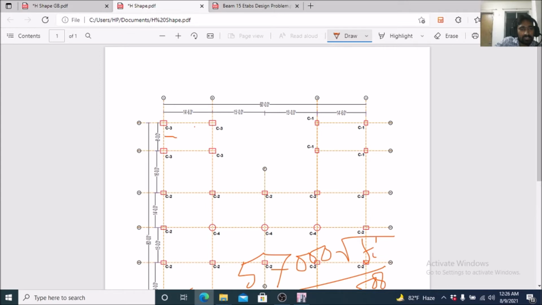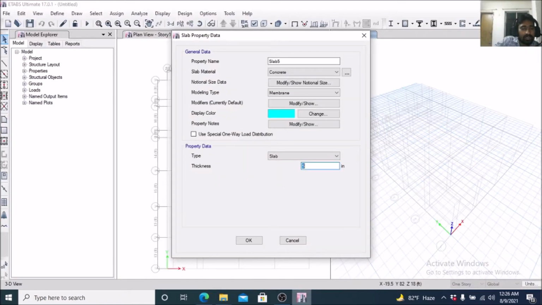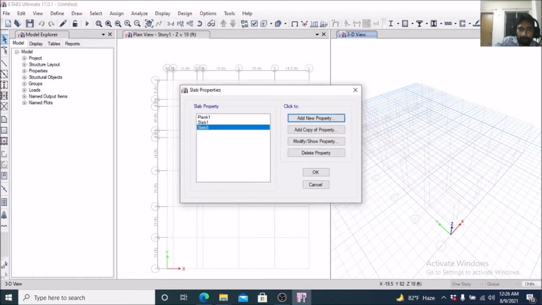So load will be distributed to 4 sides, and all sides are surrounded by supports, that is beams, and load will be distributed in 2 ways, the x direction and the y direction. That's why it is a 2-way slab. So we don't need to click on load distribution, so we then click OK.